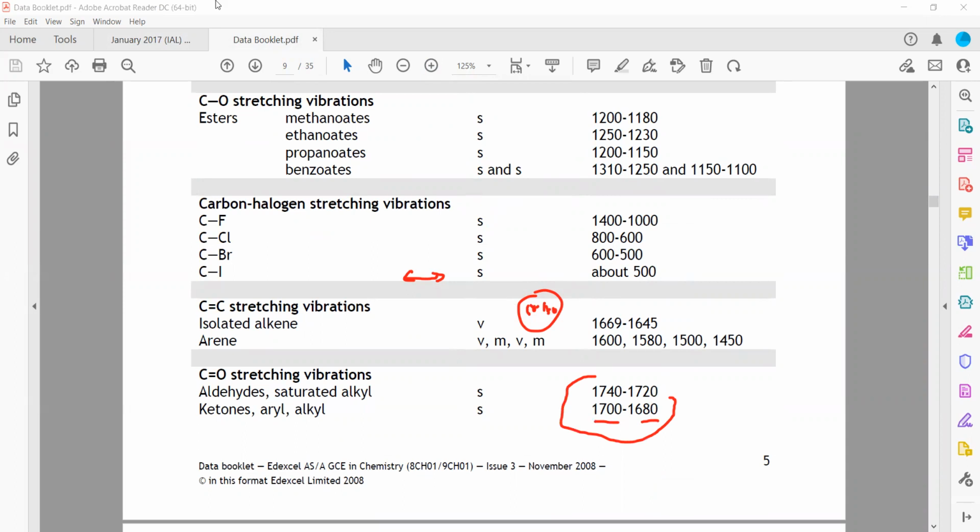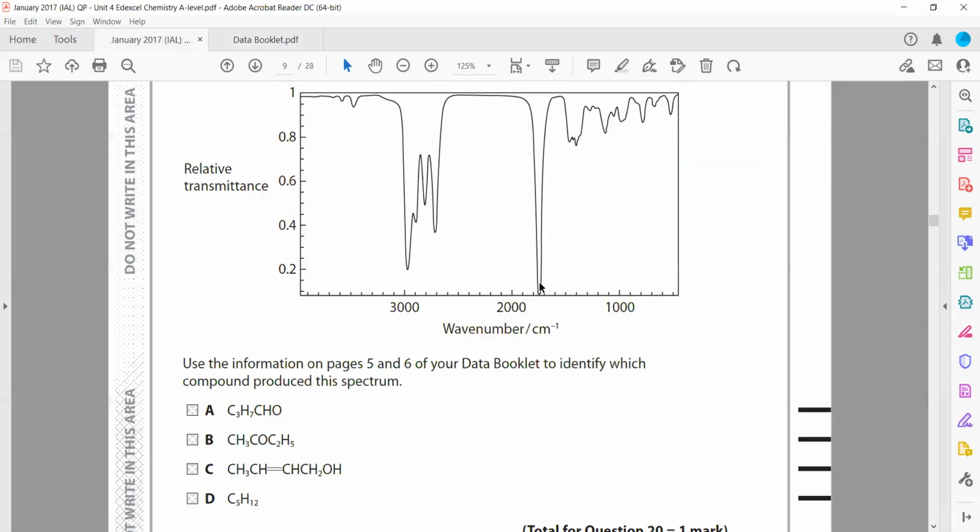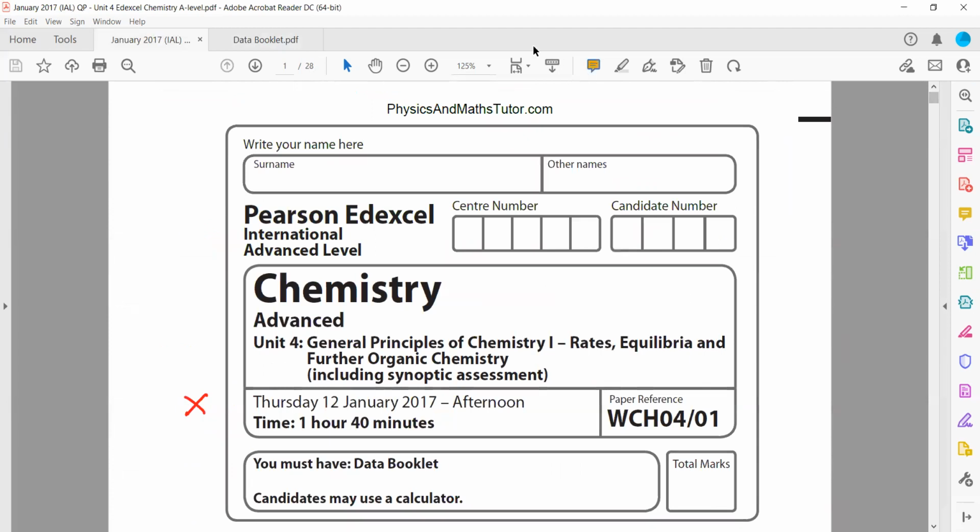But this peak, as you can see in the question, is after 1700, so it means it should be an aldehyde. The only compound which is an aldehyde is A, so that's why A is the right answer. So this was Unit 4 from June 2017.